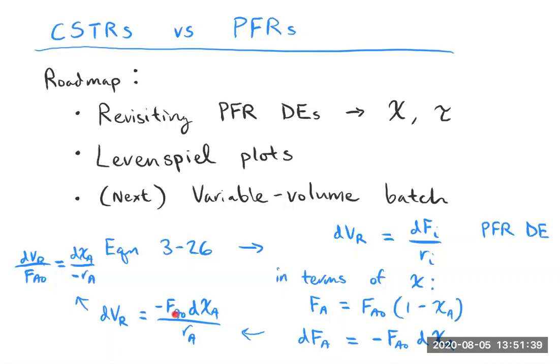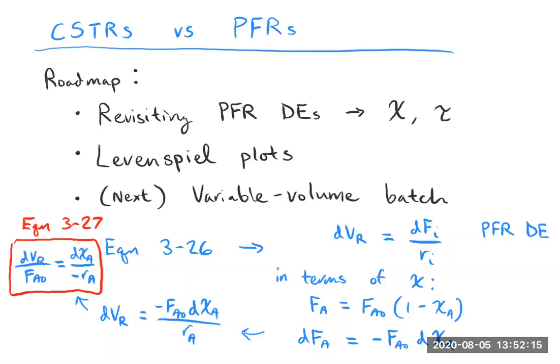I moved FA naught to the denominator of the left-hand side, and then I just brought the sign down. And I will go ahead now and use a different color just to highlight that this is the PFR design equation in terms of conversion. That is equation 3-27 in the Roberts textbook. So that's how you can get the PFR design equation to look in terms of conversion.